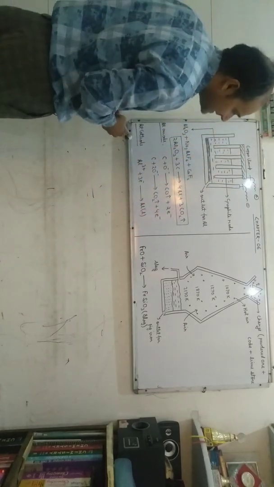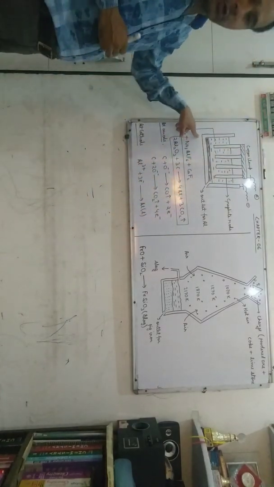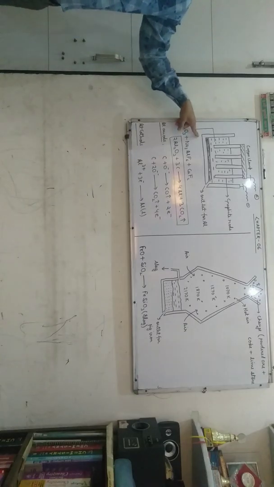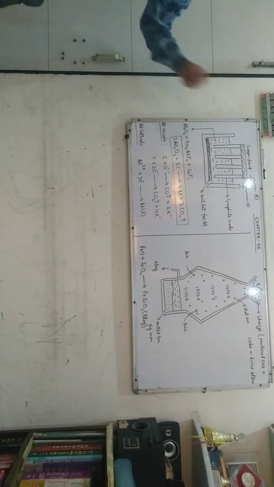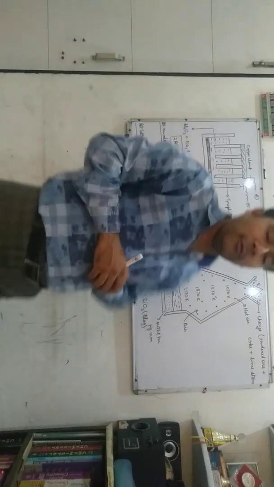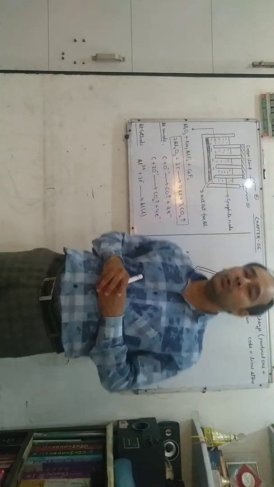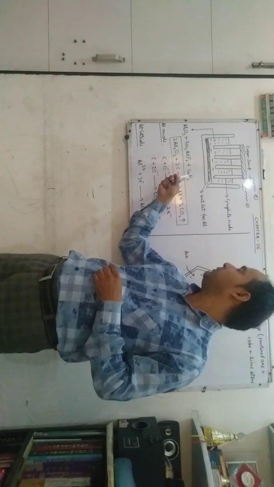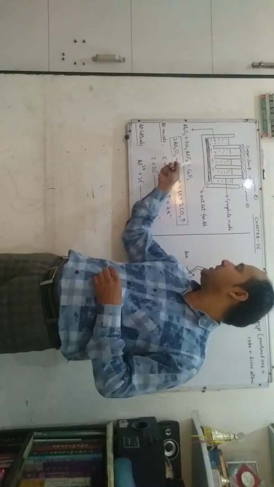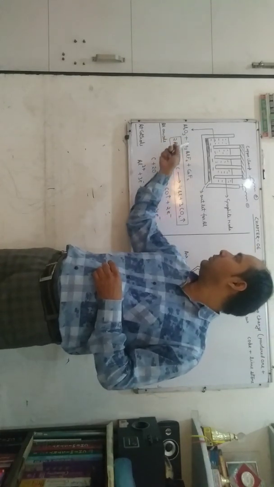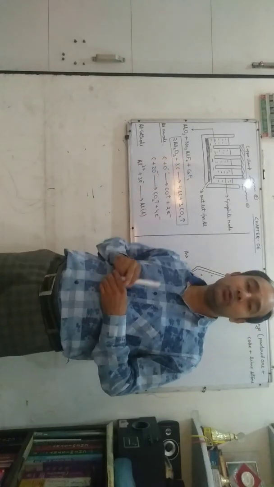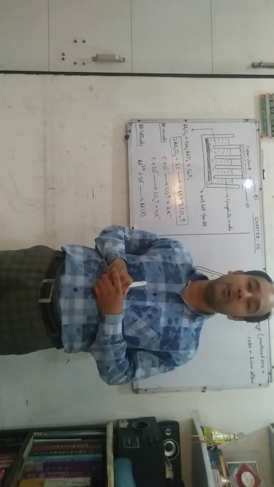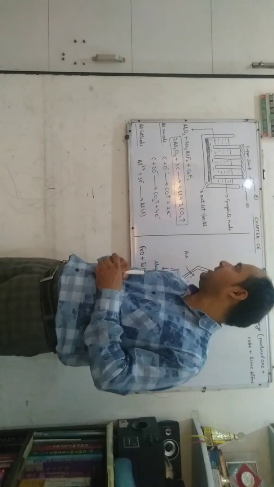This process is said to be the Hall-Heroult process. I repeat it again. In metallurgy of aluminium, purified Al2O3 is mixed with Na3AlF6 cryolite and CaF2, that is called fluorspar, to reduce the melting point of alumina and also to bring electrical conductivity.